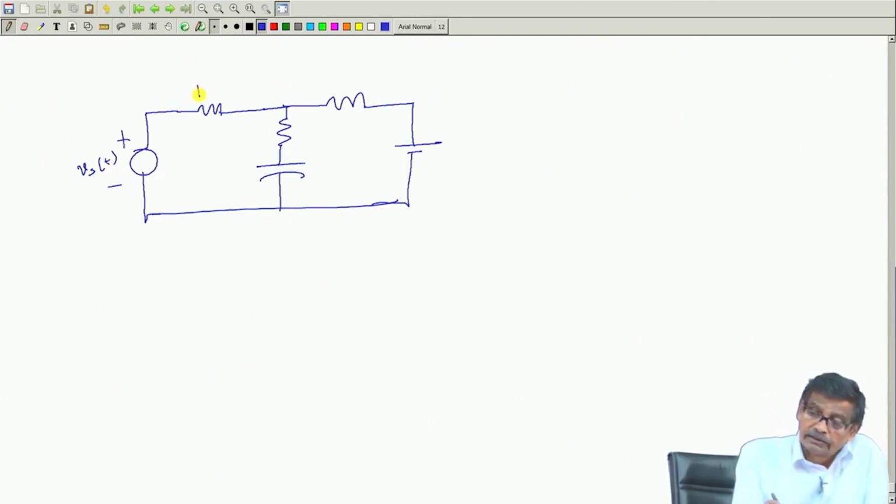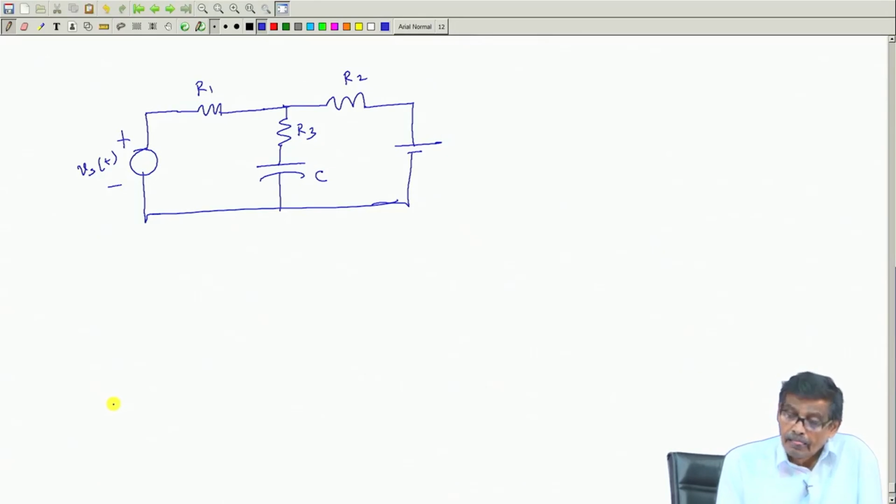Therefore, I want to solve this circuit with R1, R2, R3, and here is a capacitor. I want to solve this circuit by what is called mesh analysis.